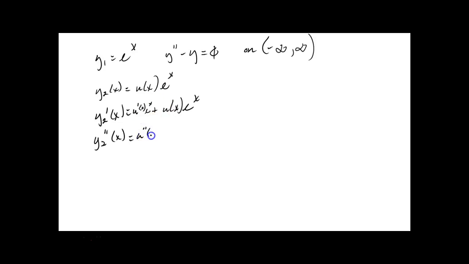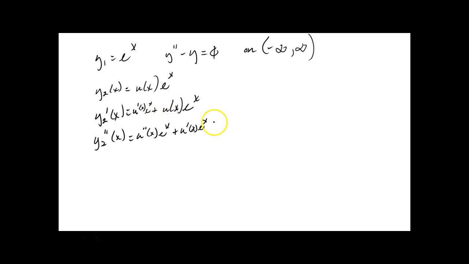u double prime of x, e to the x, that's the first part of the first part, plus this first times the derivative of the second, which is u prime of x, e to the x, right? Now let's do the product rule on the second part.